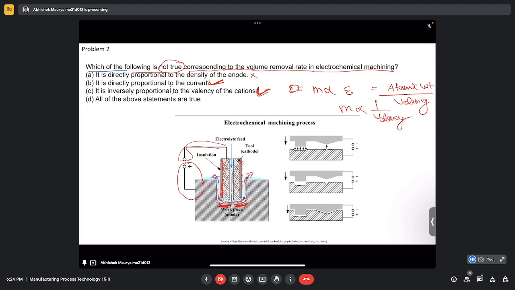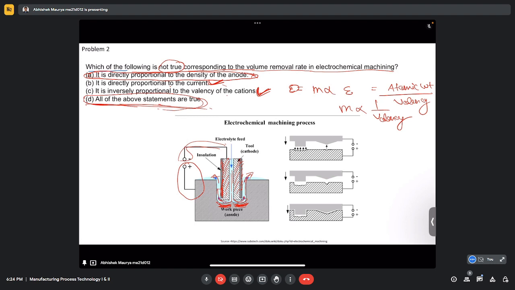So this is also correct. So these two statements are correct. Statement A is not correct. Since all the above statements are not correct, this is also an incorrect statement. So only the correct statements are B and C, the other two are not correct.